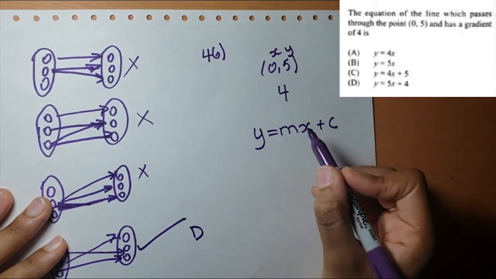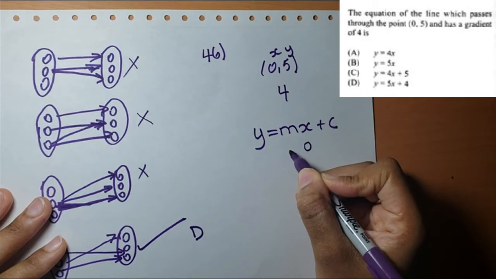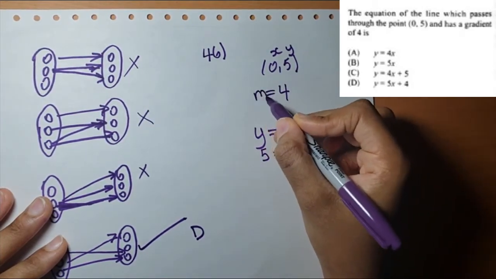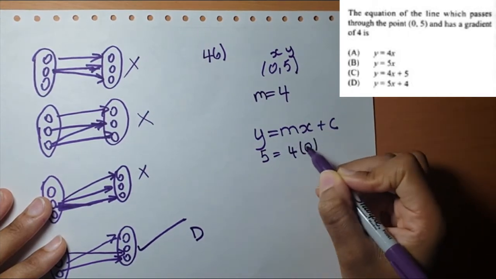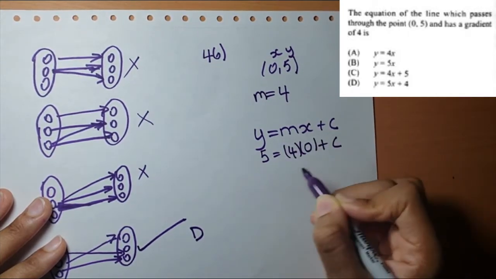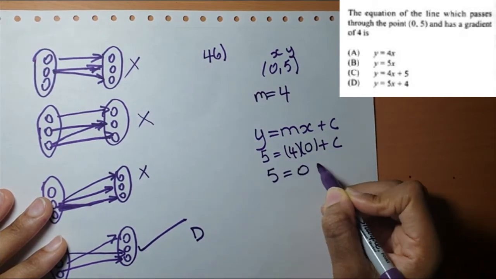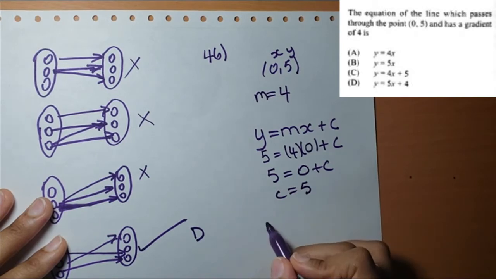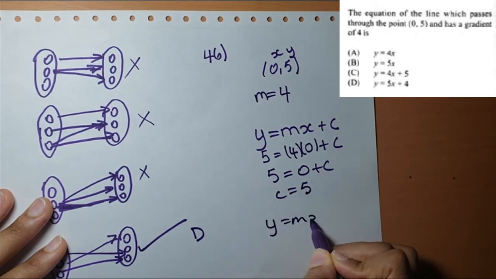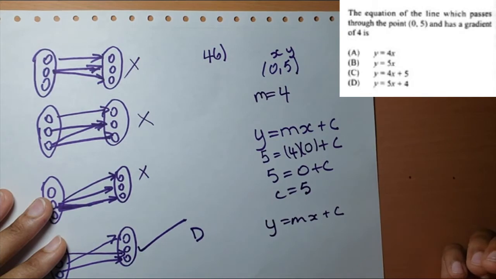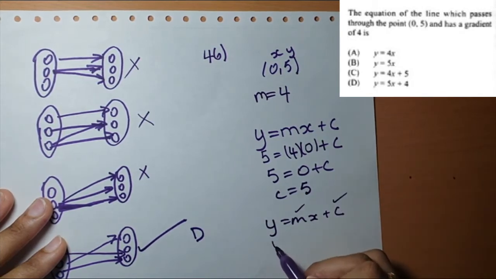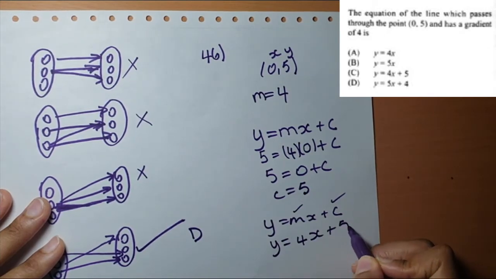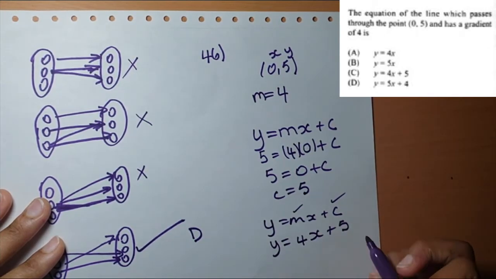So therefore x is 0, y is 5, m is the gradient, plus c. So therefore 5 is equal to 0 plus c. C is equal to 5. Now we write back the formula y equals mx plus c, and what we're going to fill in now is the m and the c. So we have y is equal to mx plus 5, and that is c.